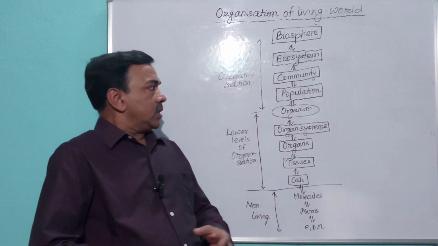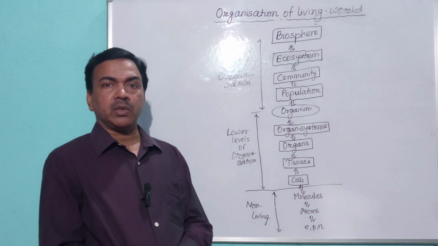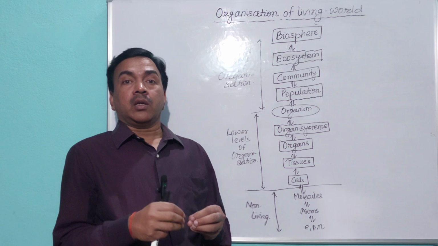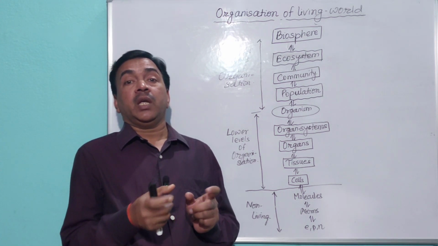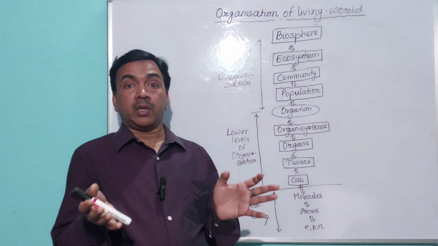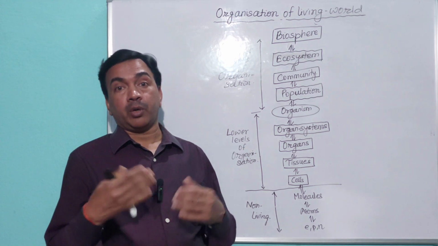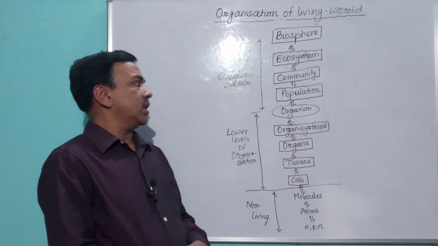Different types of organ systems together constitute an organism. So an organism is made up of different types of organ systems. The different types of organ systems perform different functions in the body of an organism.